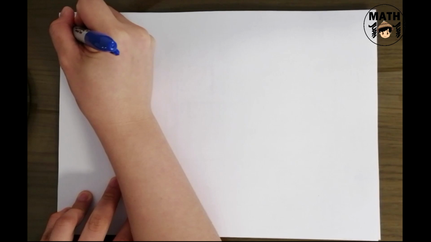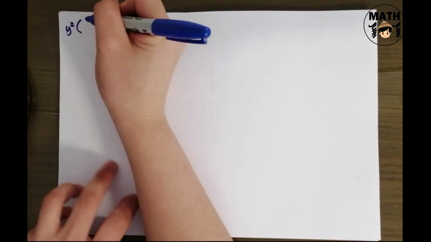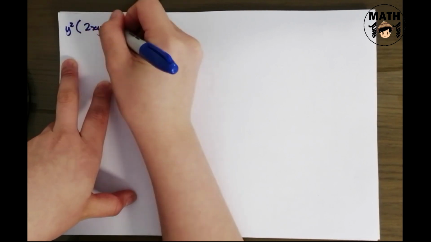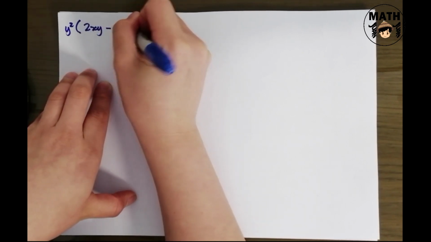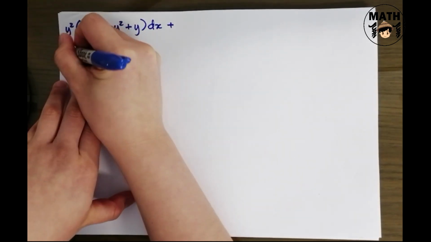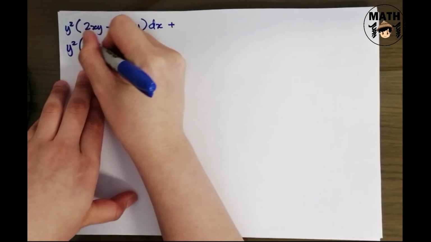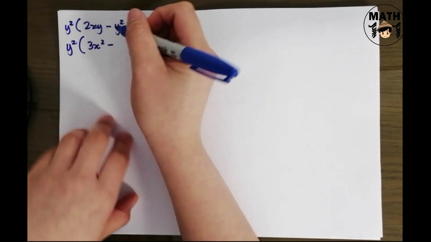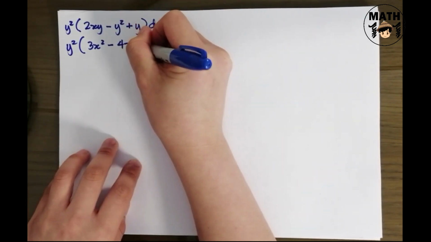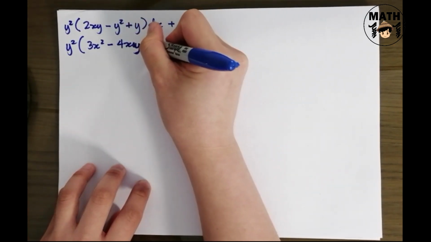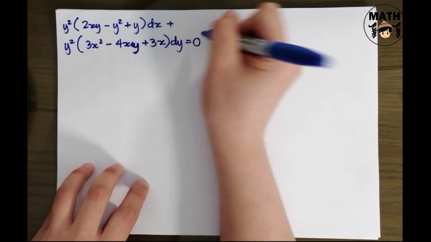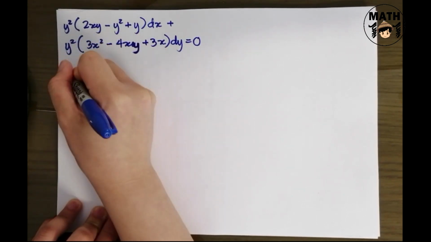Multiply lang natin yung integrating factor na y squared doon sa ating original equation, which is 2xy minus y squared plus y dx plus 3x squared minus 4xy plus 3x dy equals 0. Distribute natin si y squared.